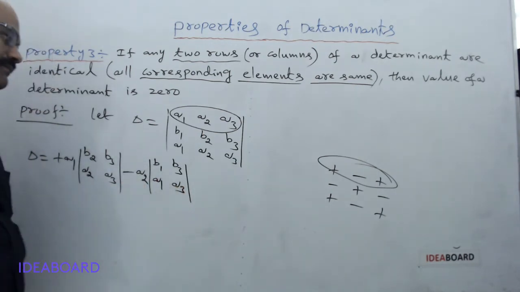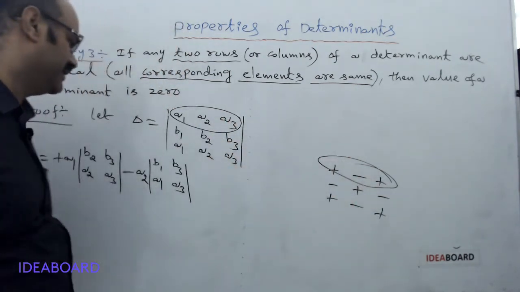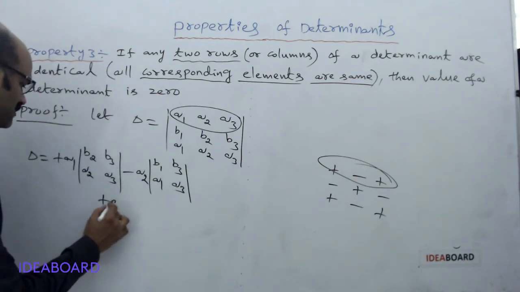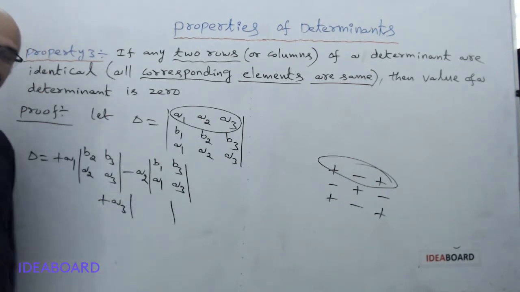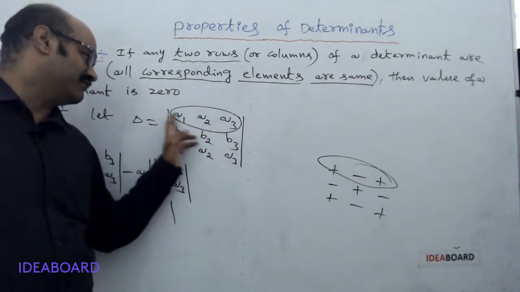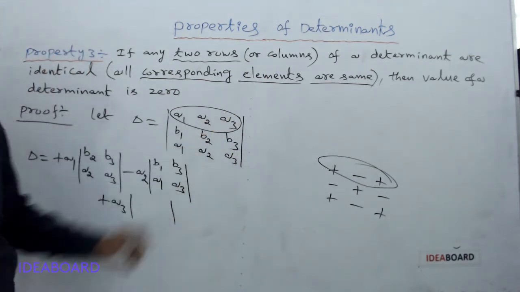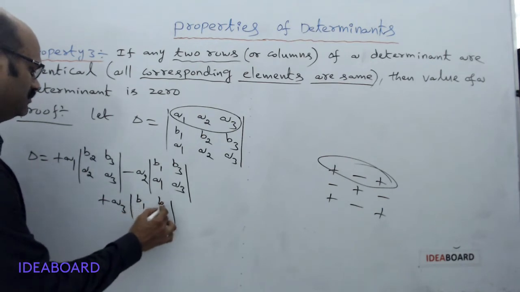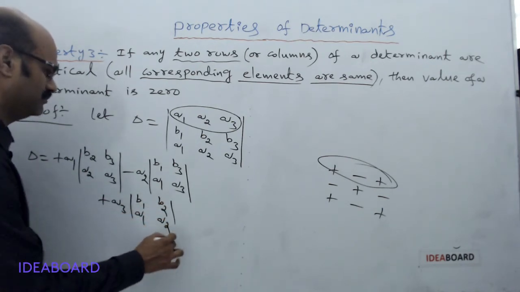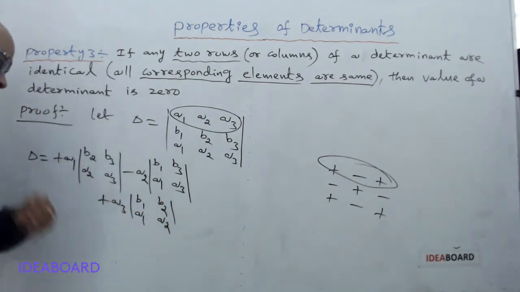Plus A3 into the determinant of B1, B2, A1, A2, since A3 lies in the first row and third column. Now we have to simplify this.